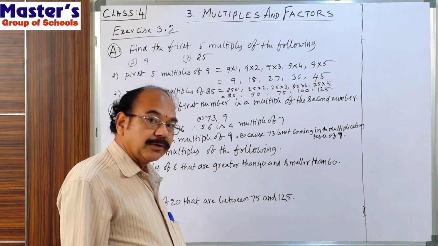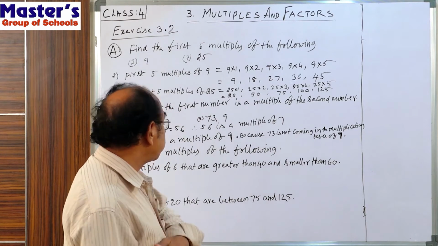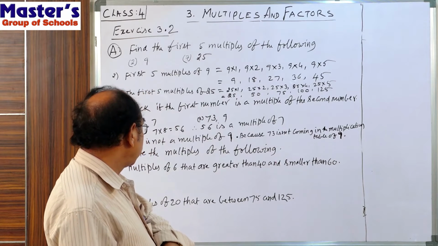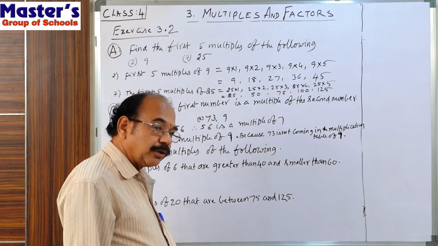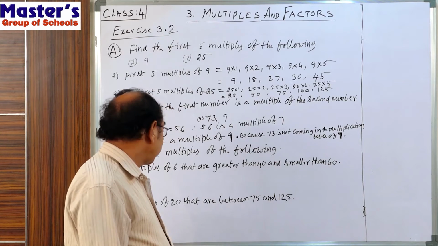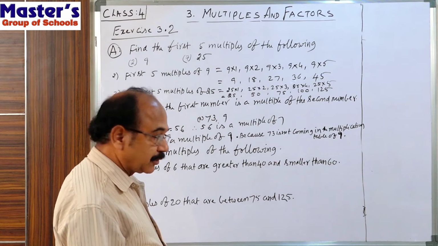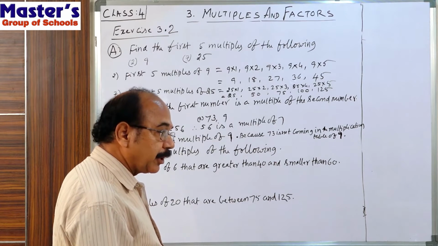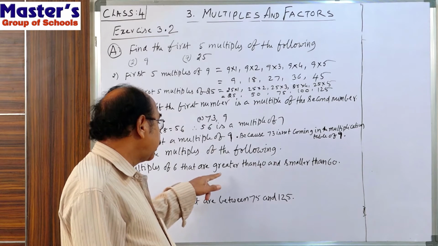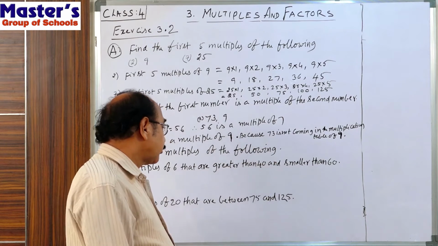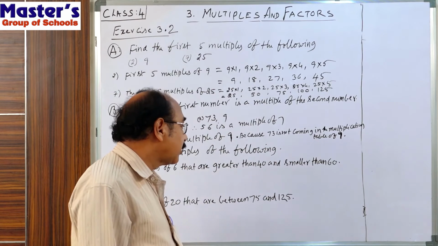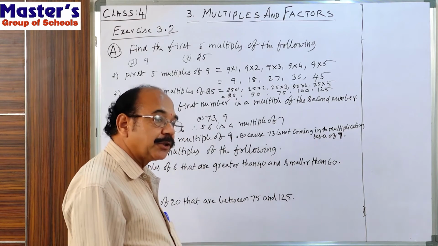That means you go through the 6th table. In reading the 6th table, you get multiples of 6. And here, they must be greater than 40 and smaller than 60.